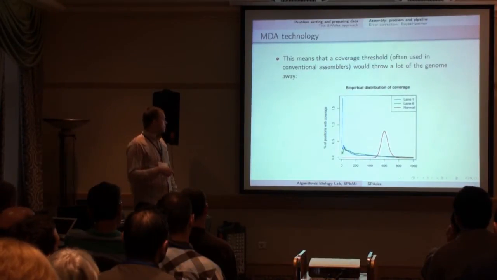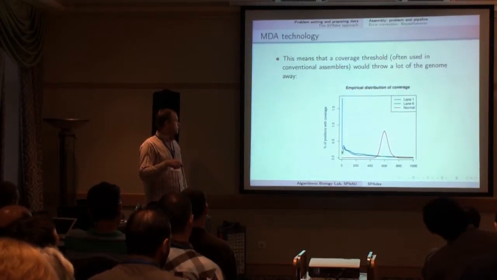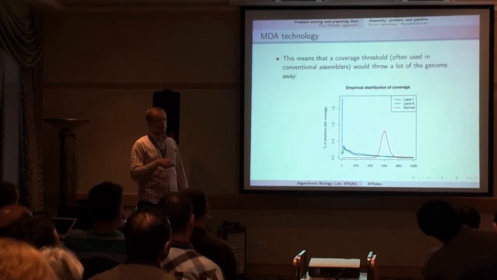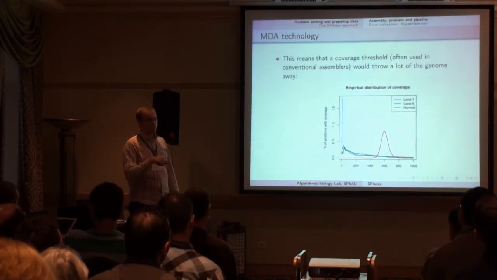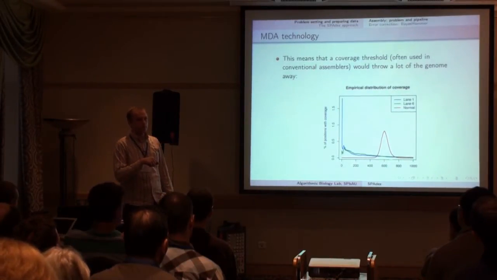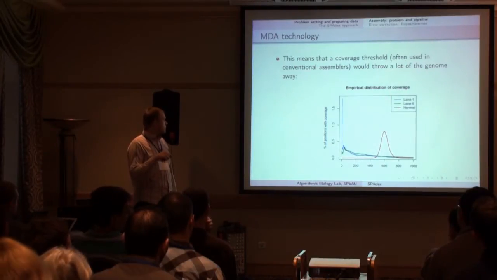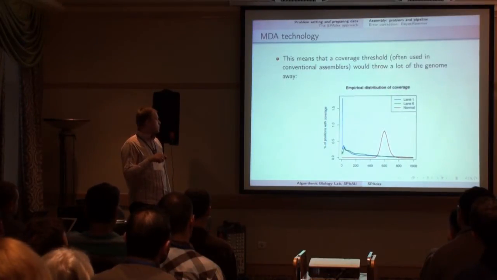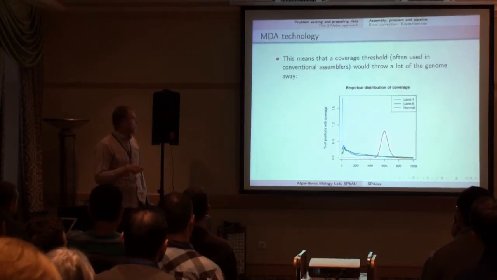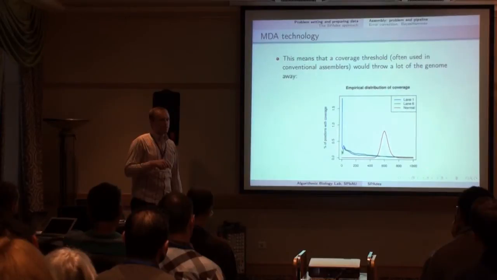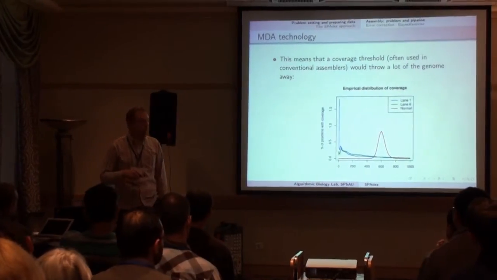For regular sequencing projects, it works perfectly. In this graph, you could cut off at coverage 400 and mostly not lose anything. But for single cell sequencing, if you cut off at any specific coverage, you lose a lot of the genome material. And we will see that in the results.